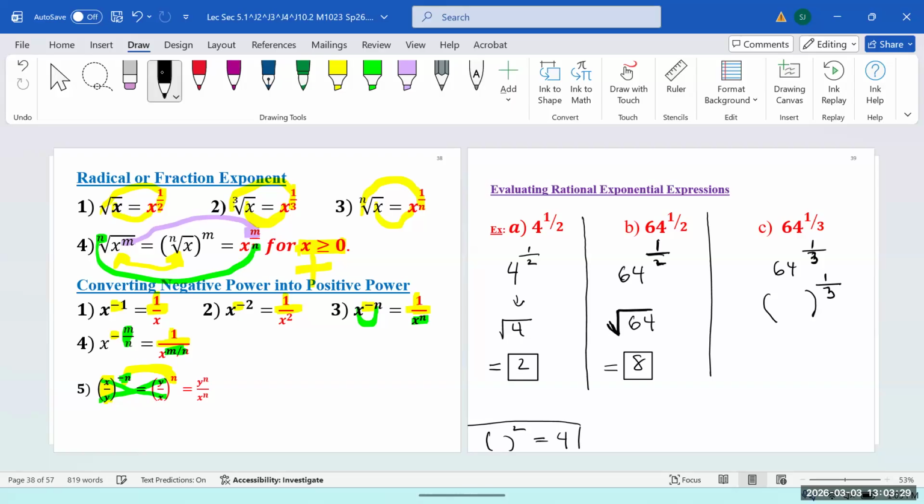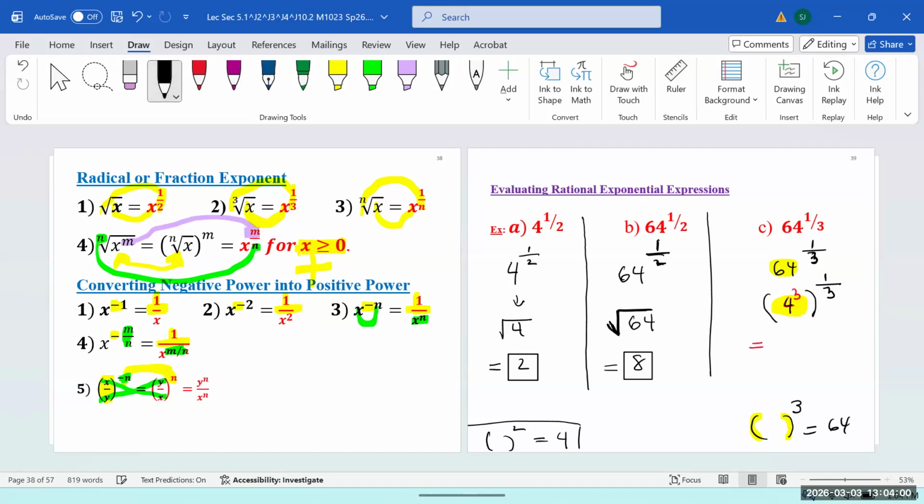We don't want to mess our things up. Instead, rewrite the 64 base as something with the denominator power. Our denominator is 3. So what number to the 3 power is going to give us 64? 4. So you rewrite 64 as 4 to the 3 power.